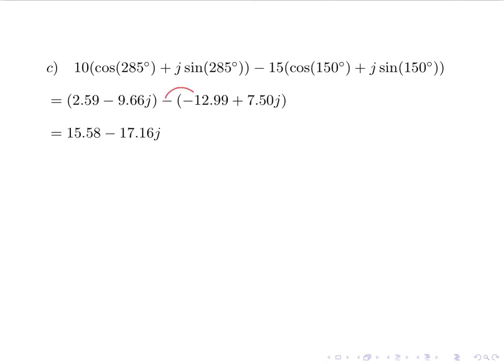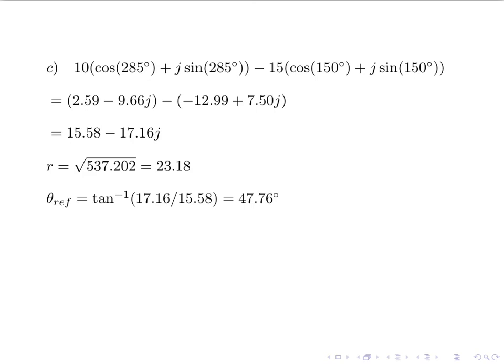And again, I'm going to make sure I distribute that negative across both terms on my right. So I have 2.59 plus 12.99 gives me my 15.58. And negative 9.66j minus 7.50j gives me my negative 17.16j. So using those same formulas, R should be 23.18.